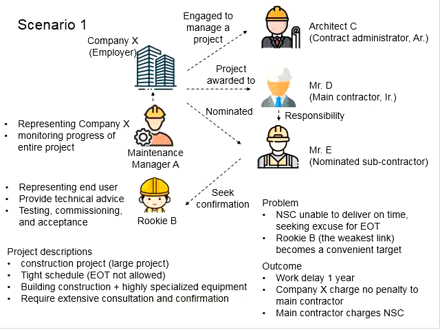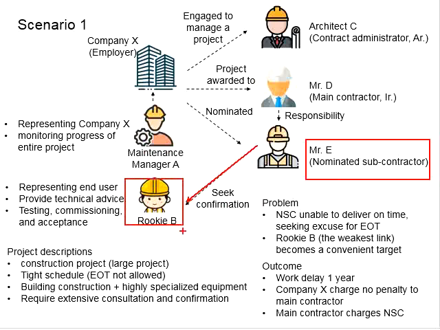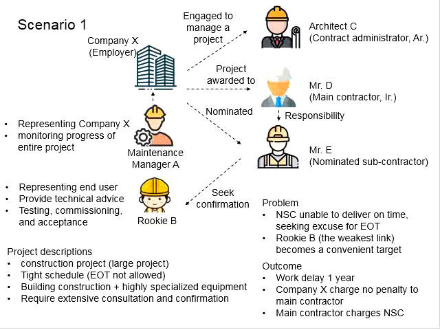In order to ensure the delivered project will be fit to use, this nominated subcontractor, Mr. E, will have to extensively seek confirmations from this rookie B regarding the usage and functionality as per the expectations of company X. So this is the landscape of the scenario.